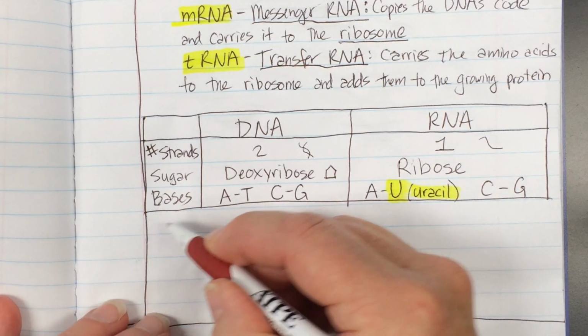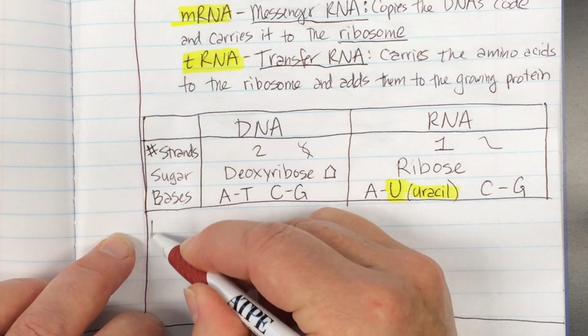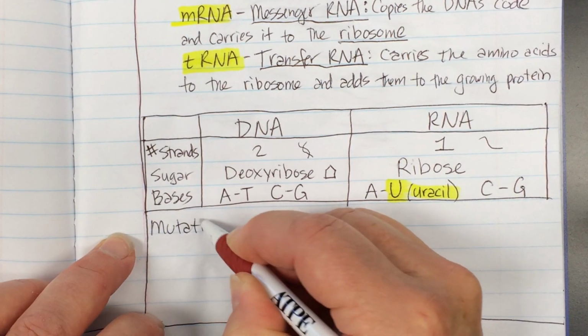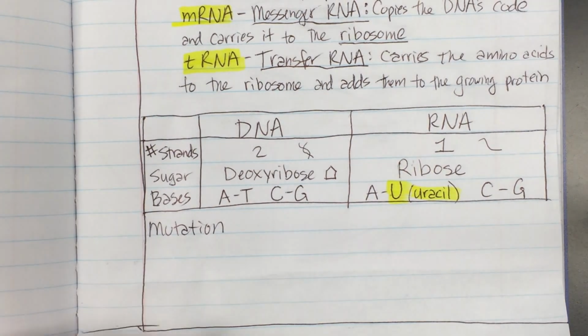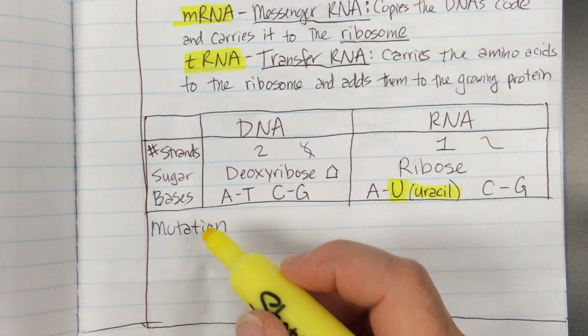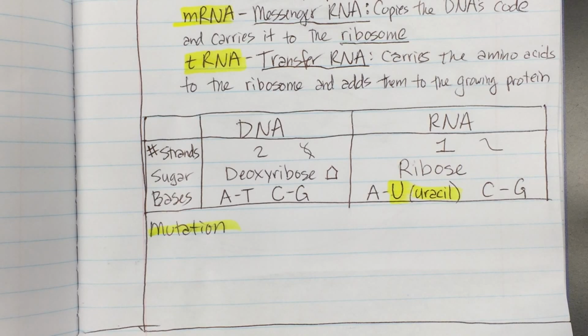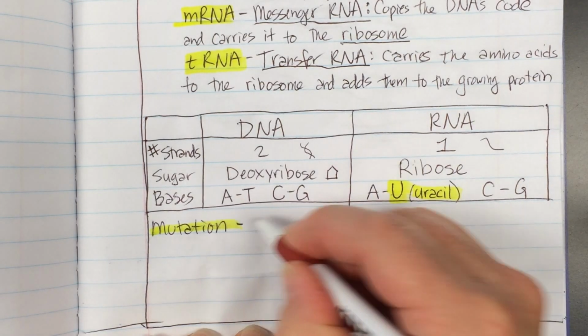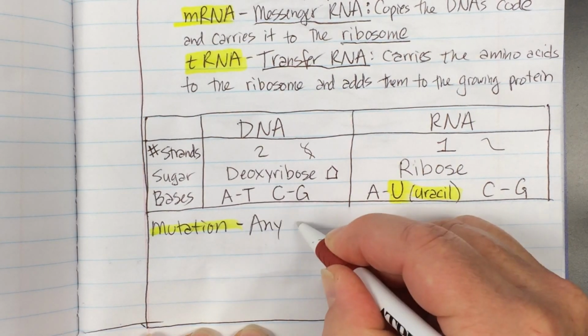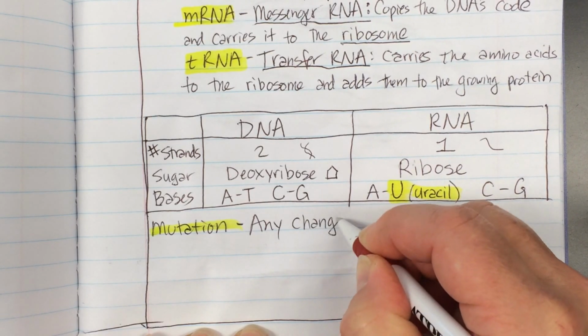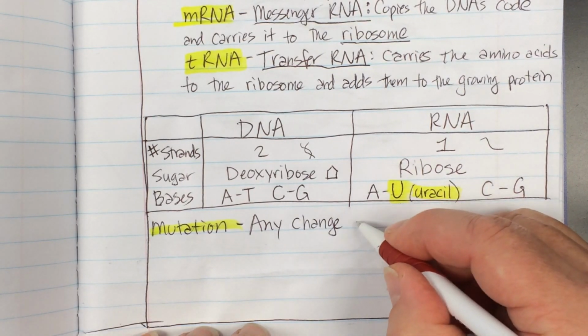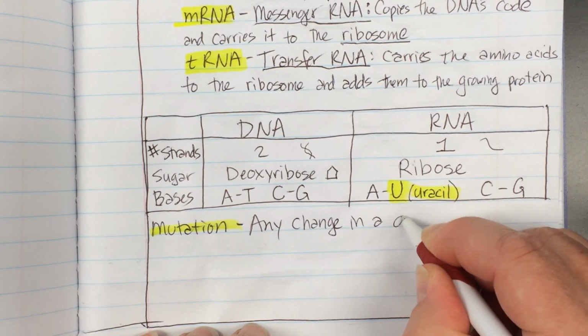So let's say here, mutations. Okay, and again, that's another vocabulary word, so I'm going to highlight it yellow. Mutation. What is a mutation? A mutation is any change in a gene or chromosome.